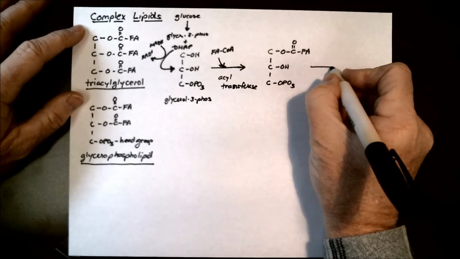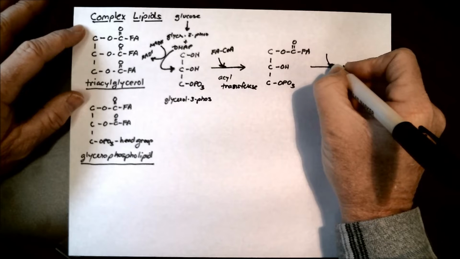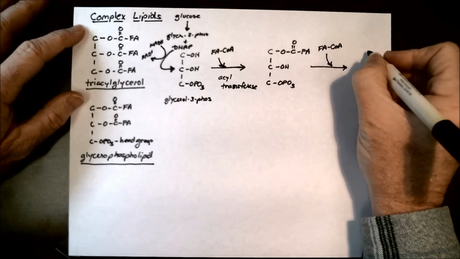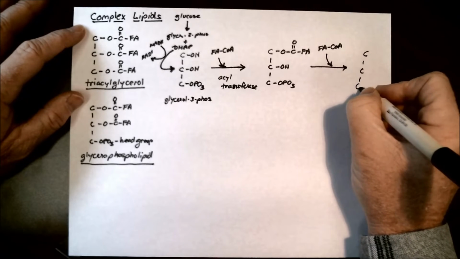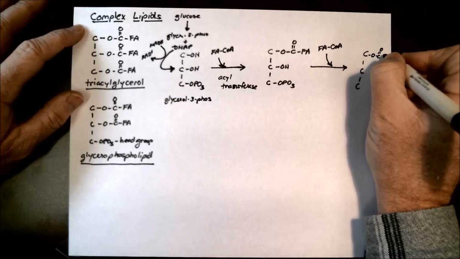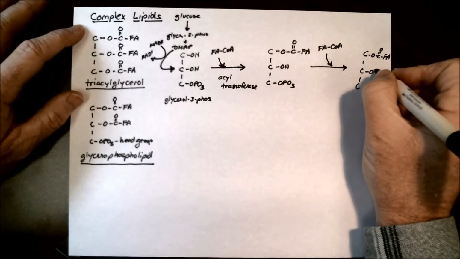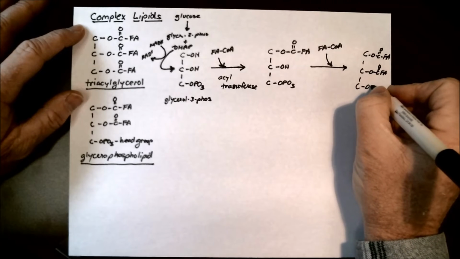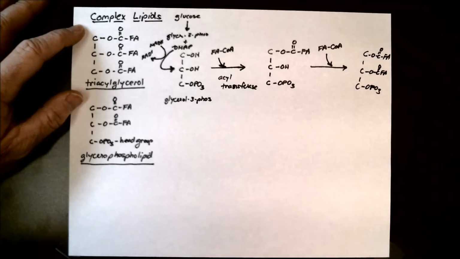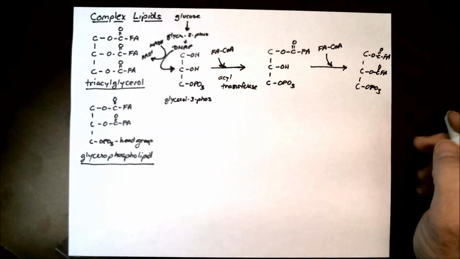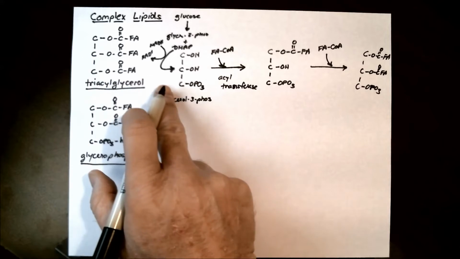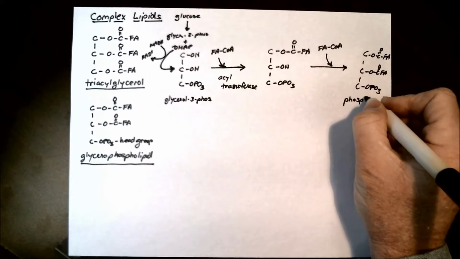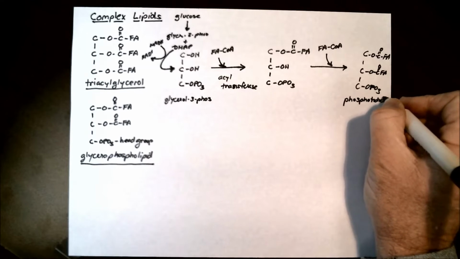The next step of the reaction is going to be the same reaction with another fatty acyl CoA group, and then we are going to add our fatty acid onto the next carbon. And what we generate here is the common denominator between triacylglycerol and glycerophospholipid synthesis. This is called phosphatidic acid.